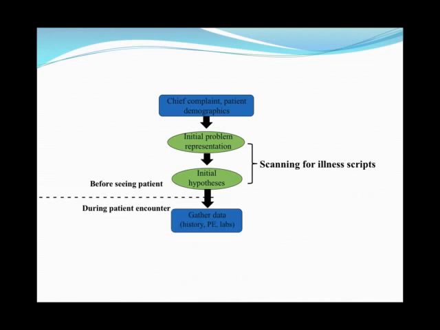Then we move into the patient encounter, and we're going to gather all the data about the fatigue. We're going to do a focused physical exam that might cover all the things about fatigue, and then order any labs.